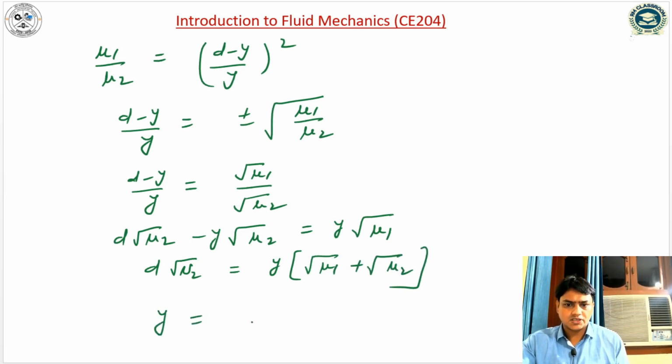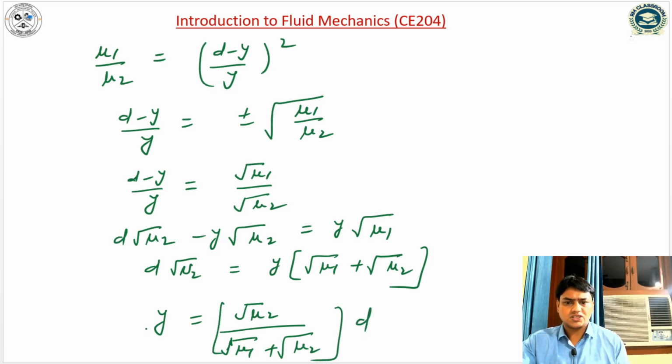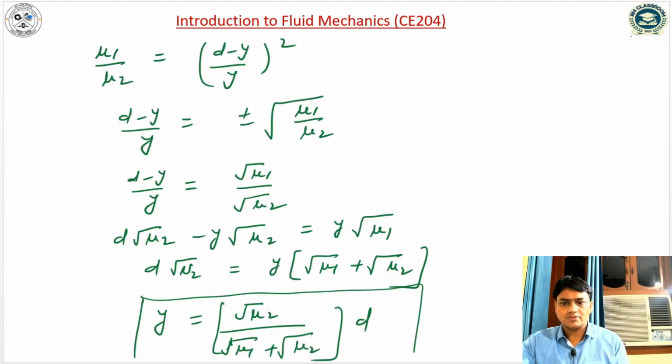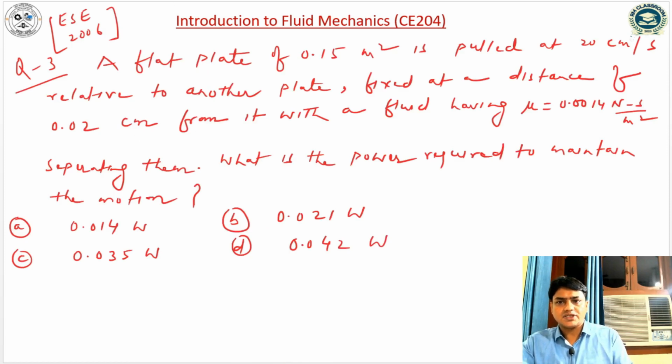So the value of y is equal to square root of mu2 divided by (square root of mu1 plus square root of mu2) into d. So this is the value of y where the drag force is minimum. Let us take another problem.